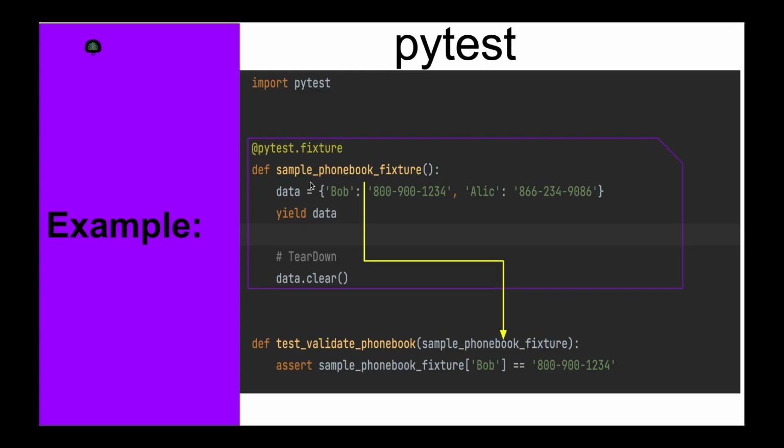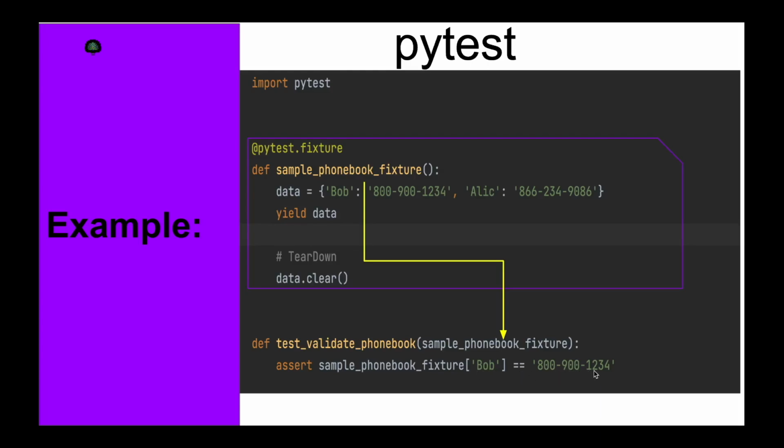So how do you use a fixture in your test method? It's very simple. Just use the fixture name, whatever fixture name you defined, in your test method as a parameter. Here in this test method, I am using my fixture name, sample phone book fixture. Then this fixture is available here, and I am asserting on my dictionary whether the key Bob has the phone number or not.